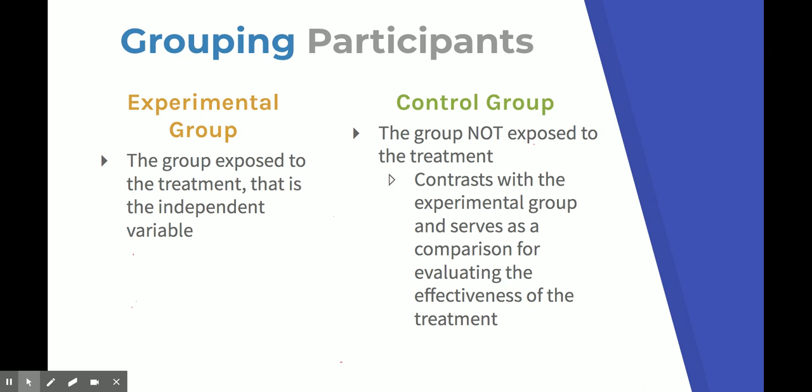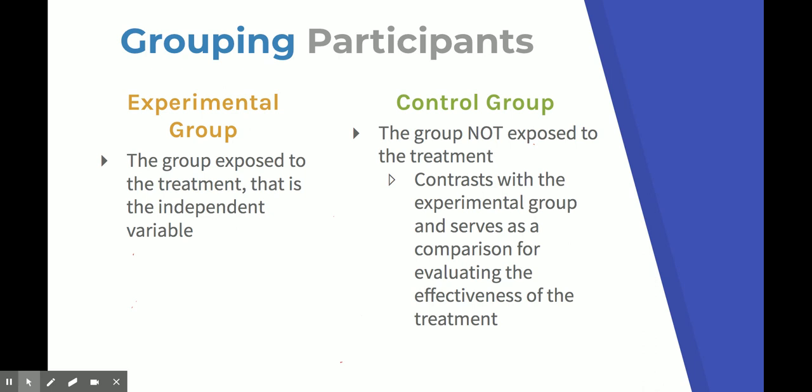In a vaccine trial, they get injected with an inert substance that's safe. Think of it like water. There's nothing actually in it. And what that does is it gives me two groups to compare against each other. So again, experimental group, exposed to the independent variable, control group does not.